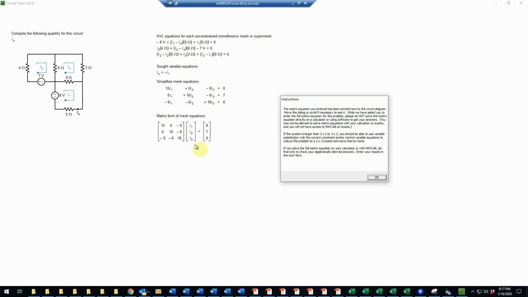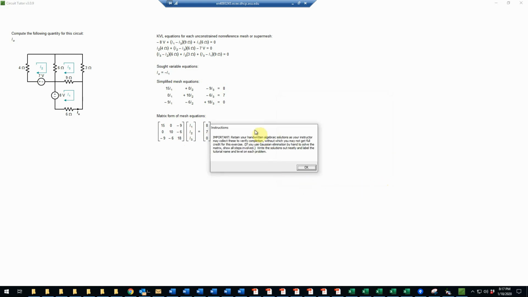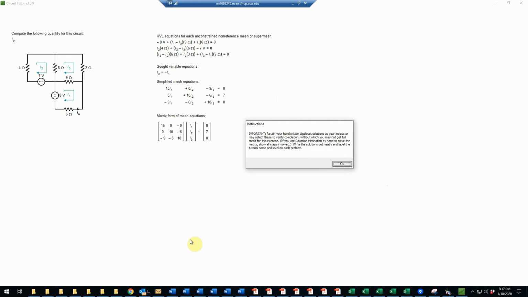For 2x2, that would probably be overkill, but you could do it in principle, but let's do it with Gaussian elimination. Now your instructor may want to see your handwritten work here. If they do ask you to retain that, then you would need to keep that paper and turn it in if they so request.